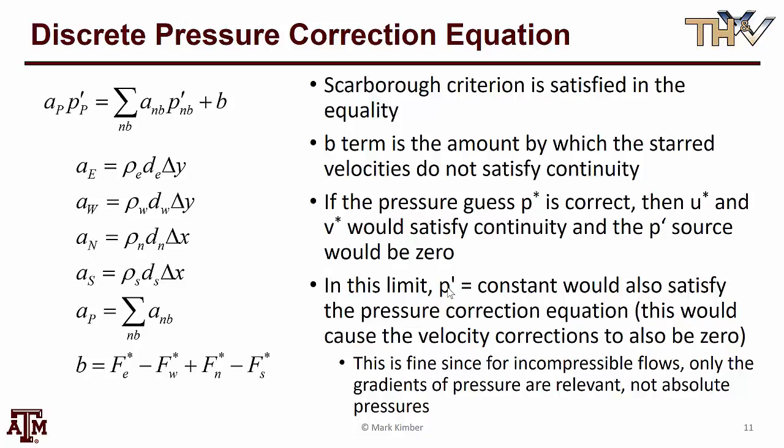The only thing we care about is pressure differences. And so it's important to realize that B equals 0 even if this P prime does not equal 0. If P prime is constant across the whole domain, then B still is going to be 0, and we have a solution that satisfies continuity and momentum.